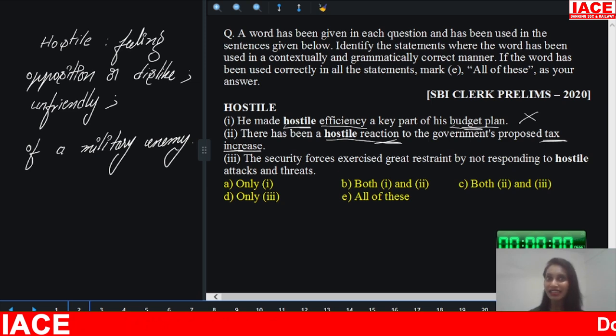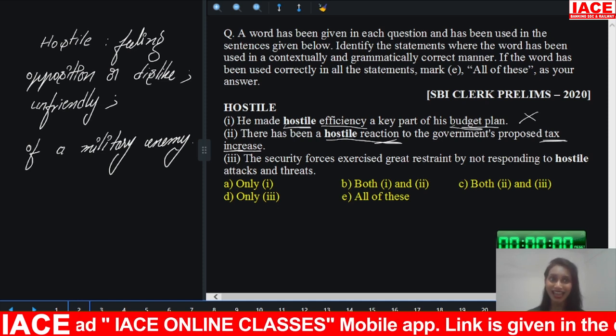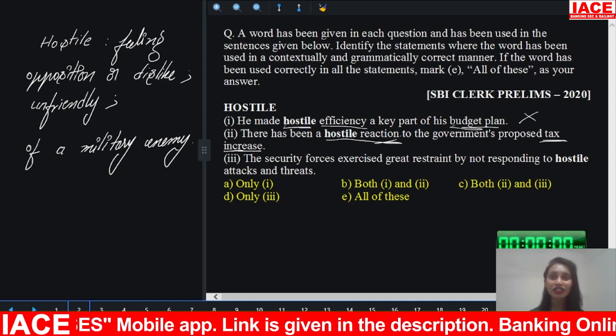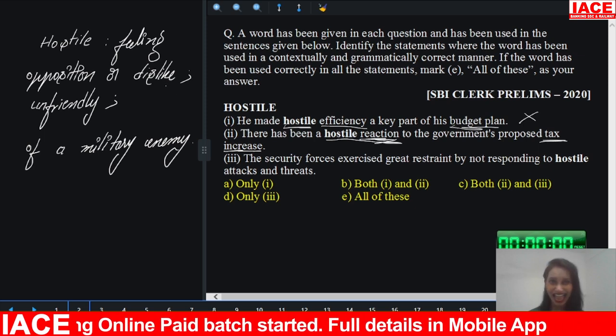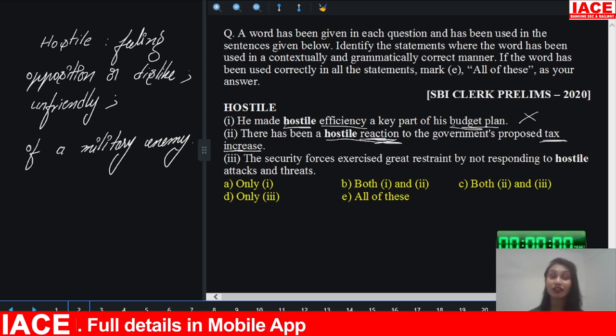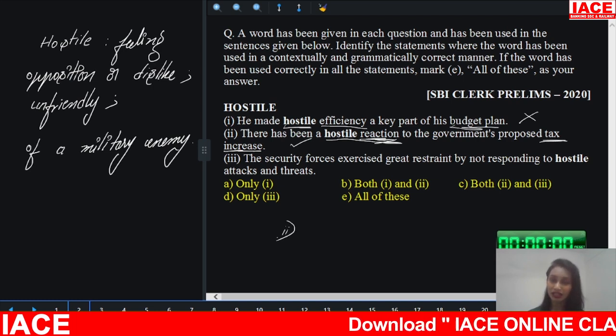That means your feeling is not positive. You have a negative feeling to the government's proposed tax increase. So here, hostile reaction. What kind of reaction is it? Hostile reaction. That means something which is dislike, unfriendly reaction. So here the usage is correct. That means the second sentence is correct. So in the second sentence, hostile is correctly used.